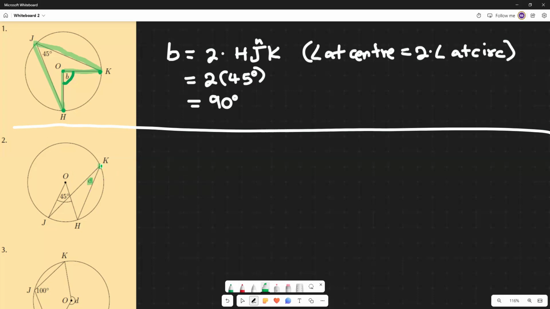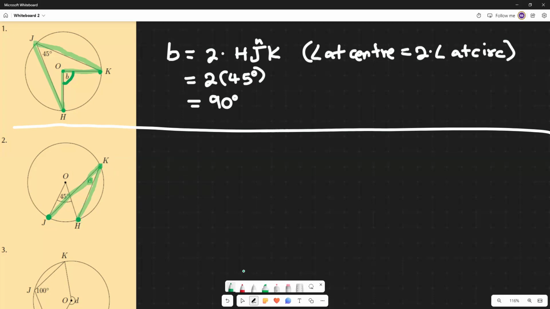Obviously C is formed by line HK, so I'm going to highlight that line, and I'm also going to highlight line JK. So C is formed by this and that. We say JH subtends C, or JH subtends angle K. So JH forms angle C.